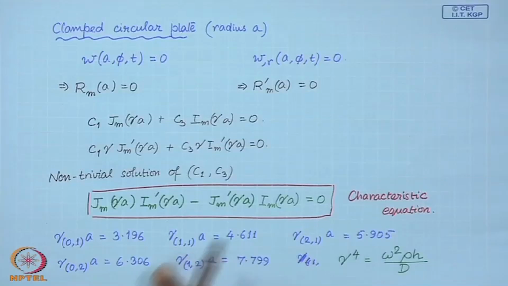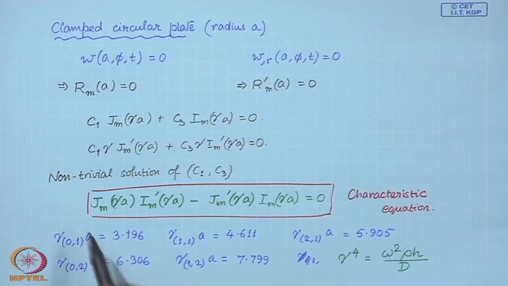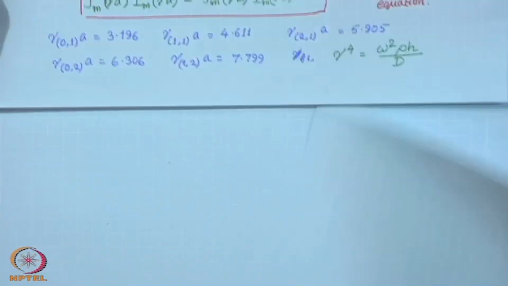Now, this characteristic equation affords an approximation. As we have seen before, the Bessel function of the first kind has an approximation for large arguments.